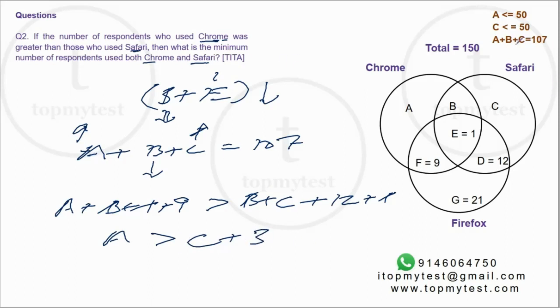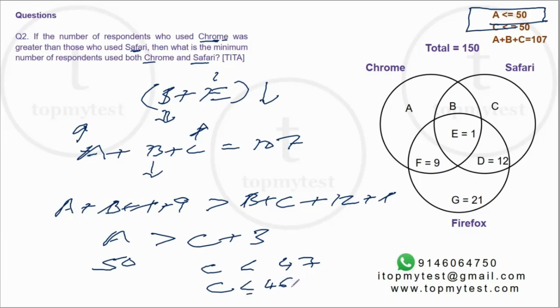And we know the maximum value of A has to be 50. So if I plug A is equal to 50, C has to be less than 47. If you rewrite this, C has to be less than 47. So C has to be less than or equal to 46. So the maximum value of C possible is 46. Maximum value of A in that case will be 50.